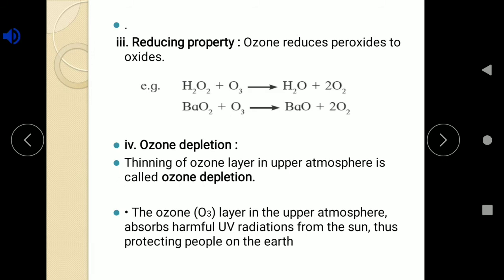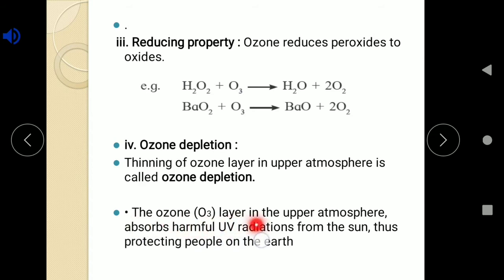Next, we are going to see one important aspect of the ozone layer, and it is called ozone depletion. What is it? Ozone depletion is a decrease. What is decreasing? The upper atmospheric ozone gets destroyed, and hence that upper ozone layer is getting thinner and thinner day by day, and that is called ozone depletion.